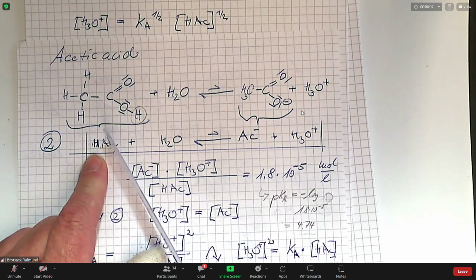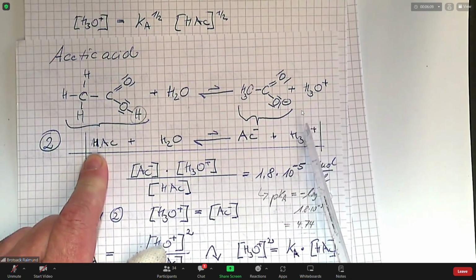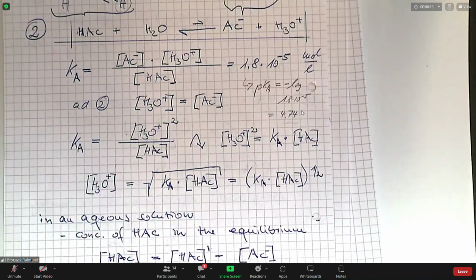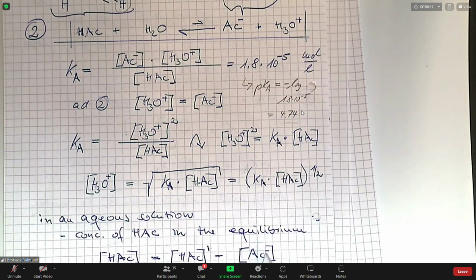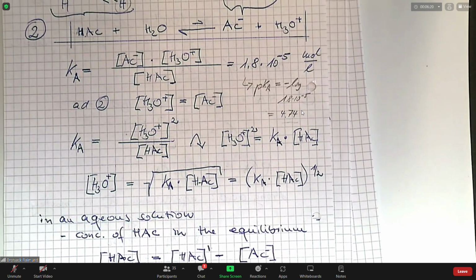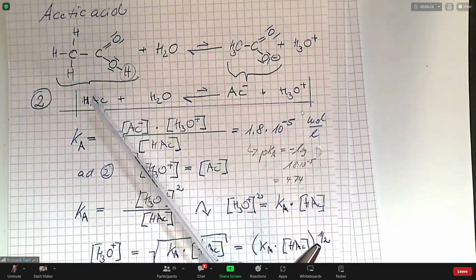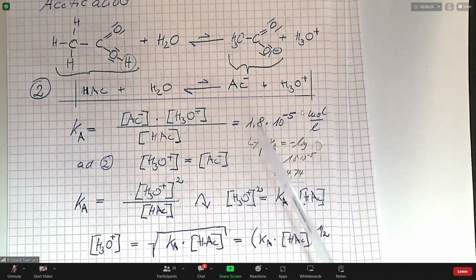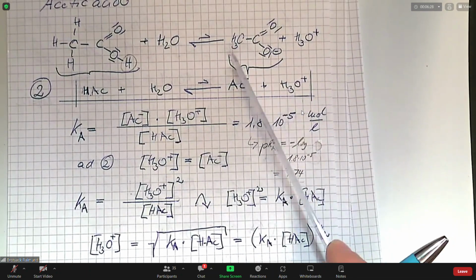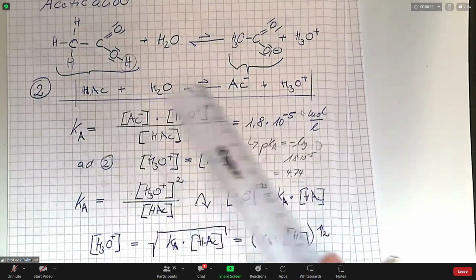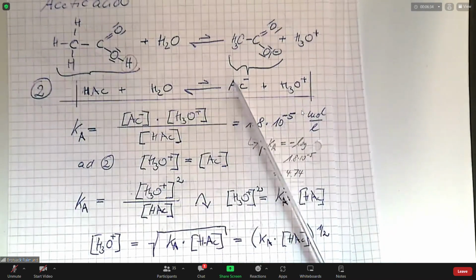Only partially we build that. So the current concentration in the solution is the start concentration, which we had at the beginning, minus those which have reacted to the A-. Partially, a few of them reacted, but not too many.